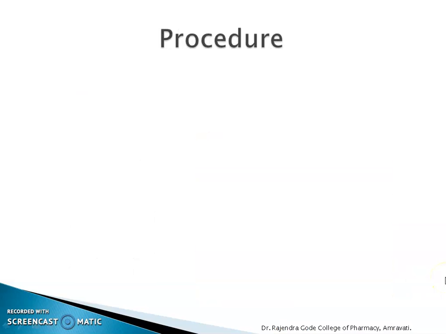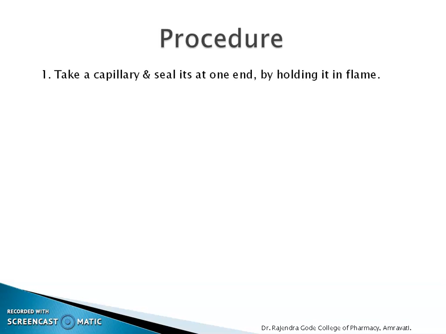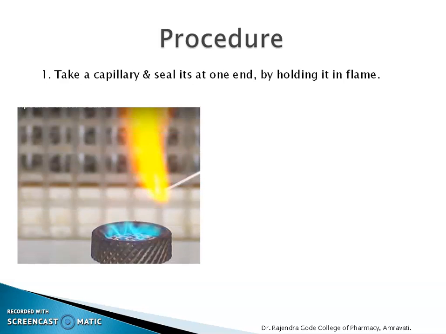Next, procedure for this experiment. First, we have to take a capillary and seal one end by holding it in the flame. With the help of flame, we have to seal one end of this capillary as shown in the figure.